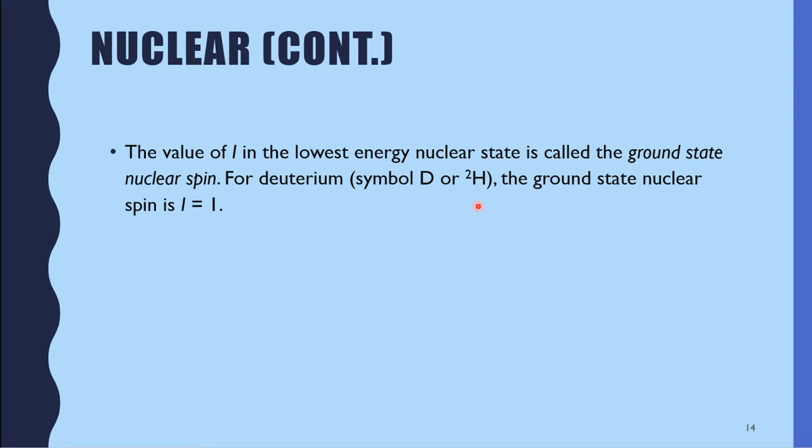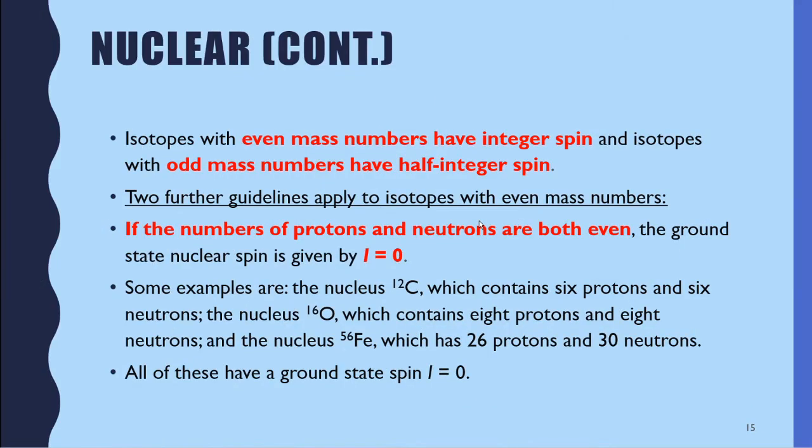Deuterium, for example, has a spin number of 1. So how do you decide whether it's going to be 1 or half? Well, there's a general rule. I'm not going to emphasize this so much, but even mass numbers have integer spin, and those with odd mass numbers have half-integer spin. And if the numbers of protons and neutrons are both even, you have I equals 0.